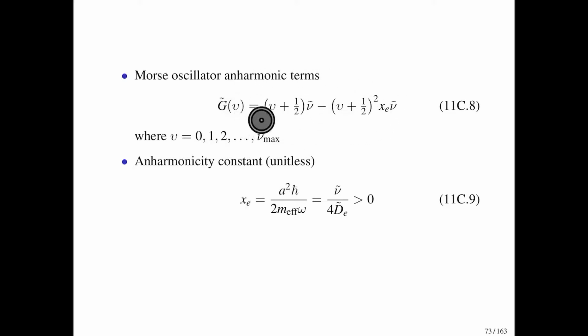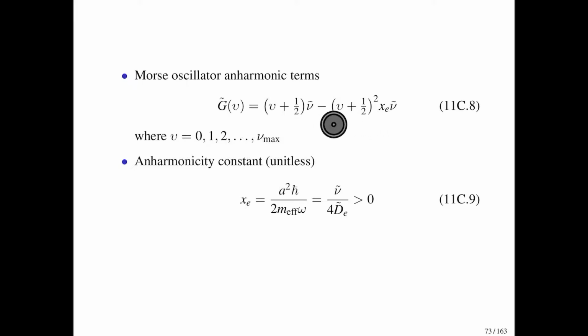You see that it has that same harmonic term, but now it has an additional so-called anharmonic term, and this parameter xe is the anharmonicity constant. It's expressed in terms of the other parameters of the model, and it's always a positive number. As you increase the quantum number upsilon, you've got your harmonic energy level, but then this term subtracts from that.